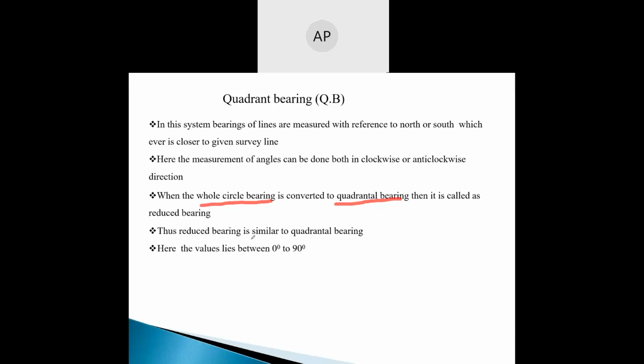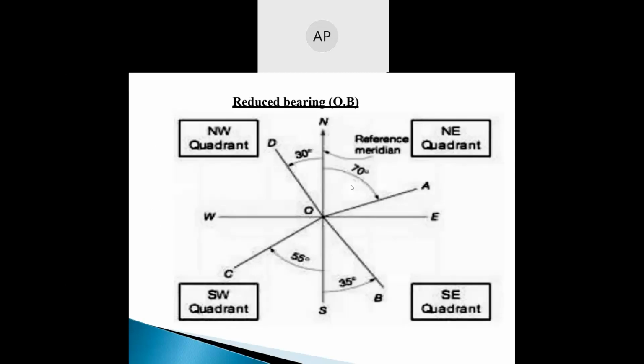Is reduced bearing similar to this? So we can call quadrantal bearing as reduced bearing. Here the values lie between 0 to 90 degrees. So this is the reduced bearing or quadrantal bearing, you can say.